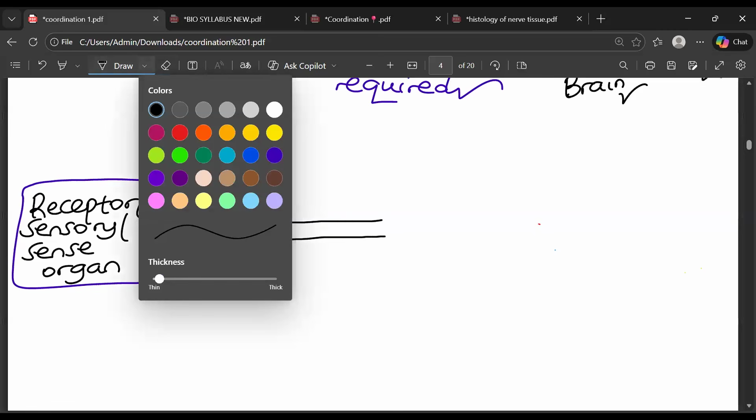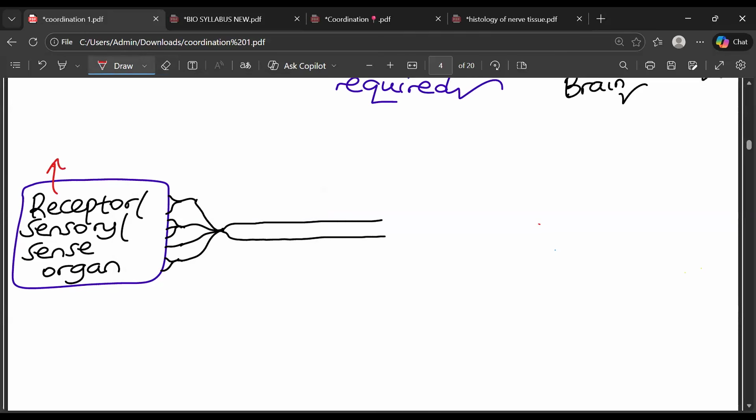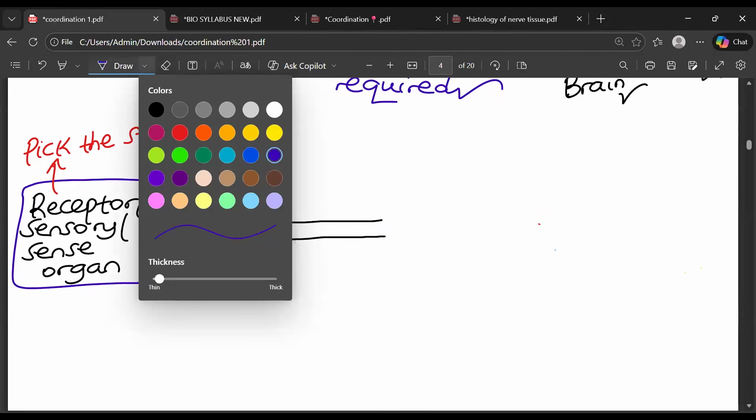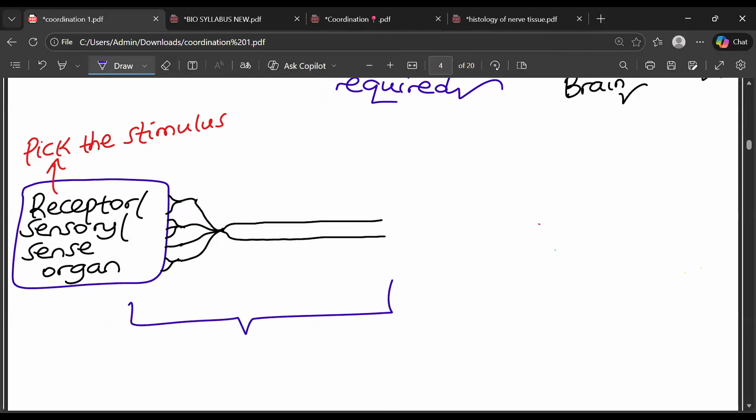So these ones is the receptor, so it's the one that receives, that picks the stimulus. Or someone can say receives whatever. So if this one is going to be our sensory neuron or the fiber, I want you to listen carefully. This is our sensory neuron.